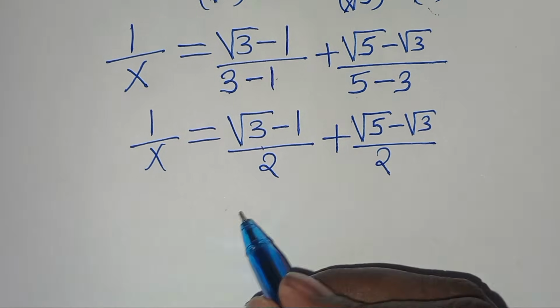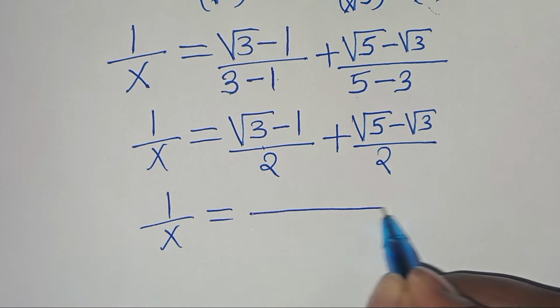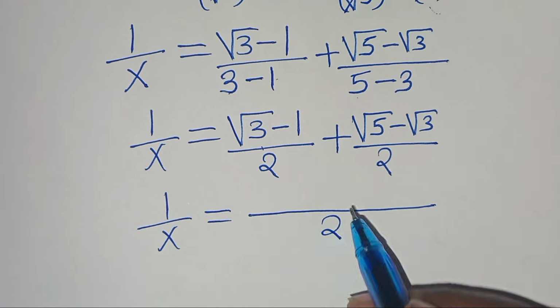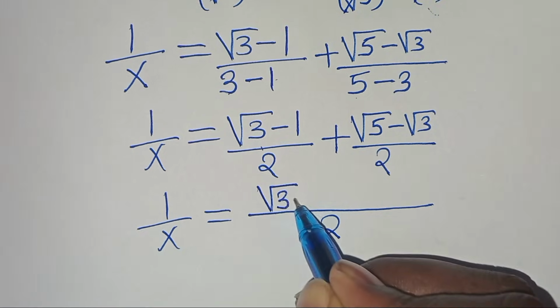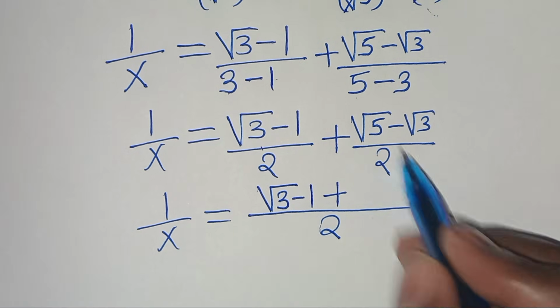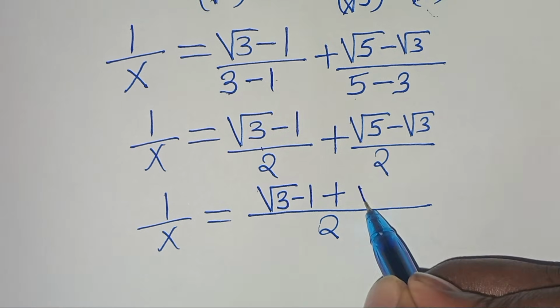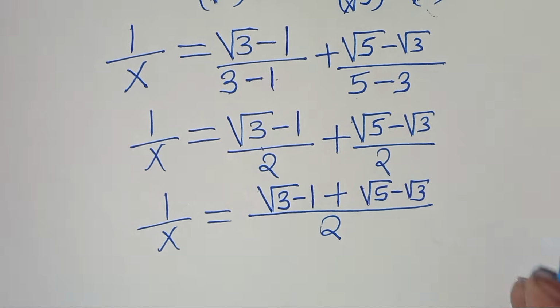So we have 1 over x is equal to, now we have the LCM here is 2, 2 divided by 2 here is 1 times square root of 3 minus 1, so this is square root of 3 minus 1, then plus 2 divided by 2 is 1, 1 times square root of 5 minus square root of 3, this is square root of 5 minus square root of 3.